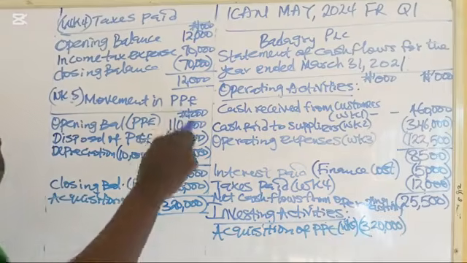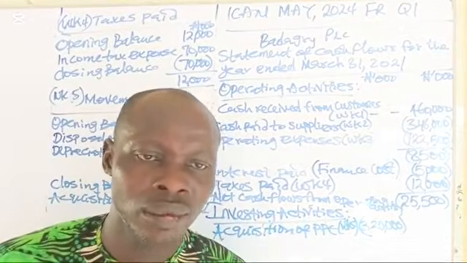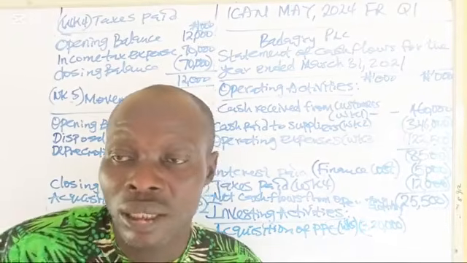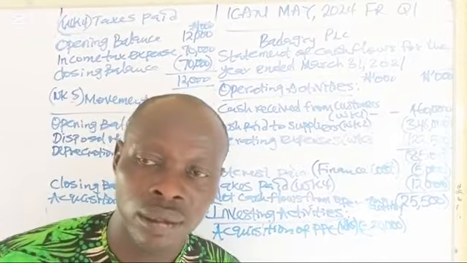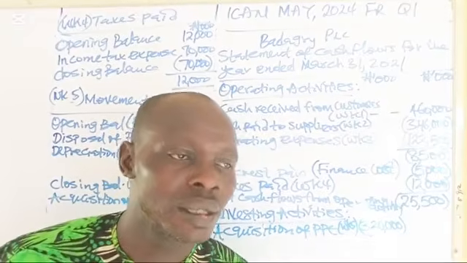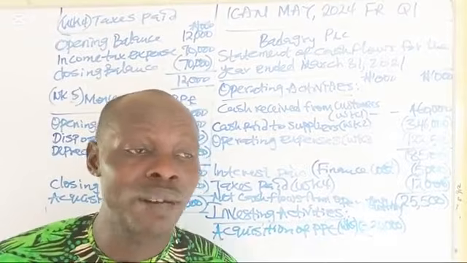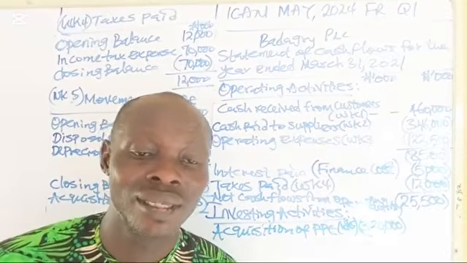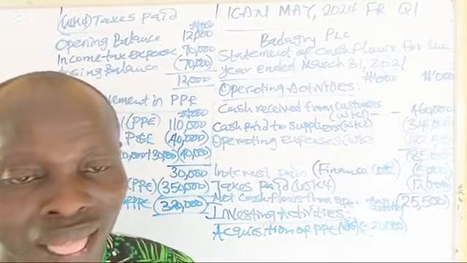What is the meaning of PPE? Property, plant and equipment. What are property, plant and equipment? It could be motor vehicle, furniture and building. So the question you are now asking me, hope you have answered yourself. All are inclusive.